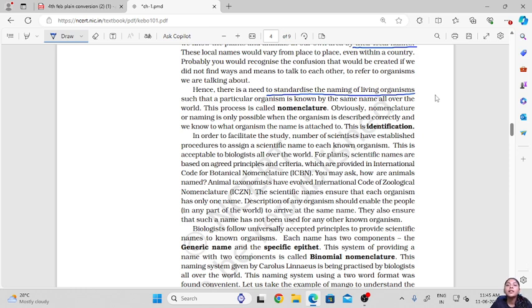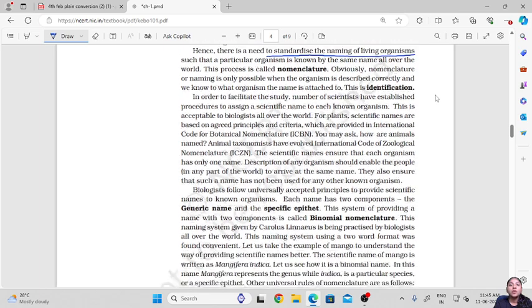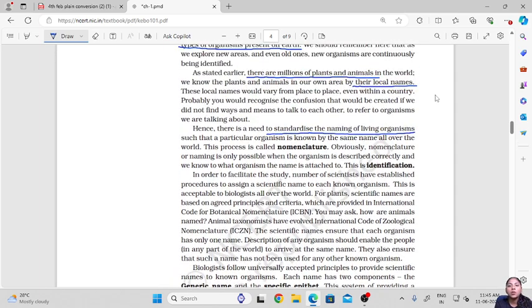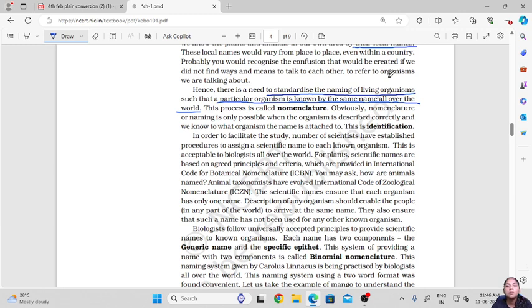And that is called the scientific or the biological name, such that a particular organism is known by the same name all over the world. This is what standardizing of the name means.